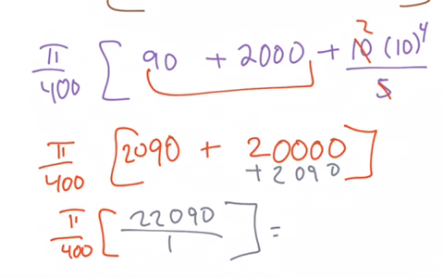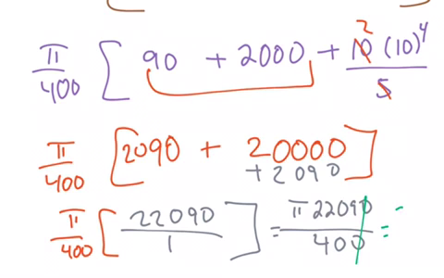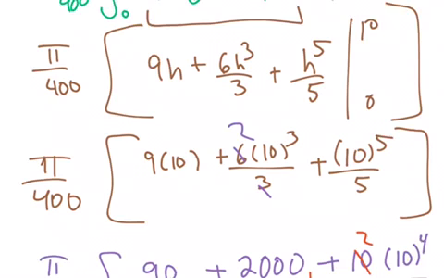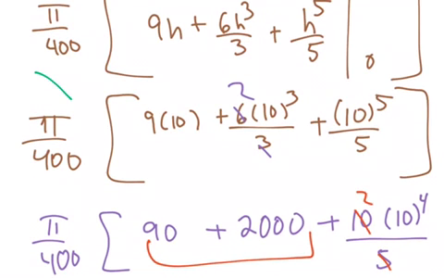So that's pi times 22,090 over 400, and we can easily cancel out the zeros, so we get 2209 over 40 pi. This is going to be inches cubed because we're talking about volume. Keep in mind that this answer, as long as I include inches cubed, is acceptable.